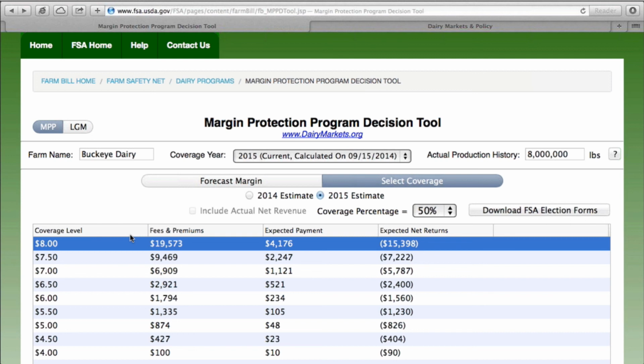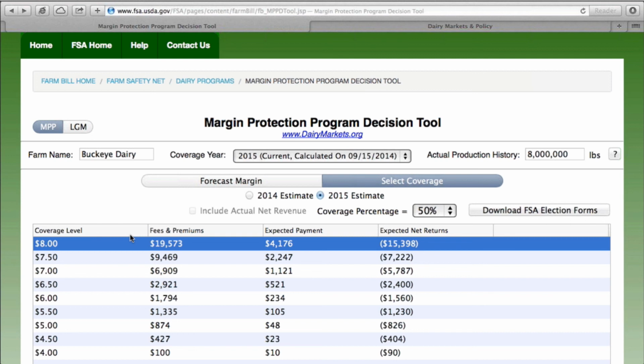So for example, at these current margins, if you wanted to use LGM dairy through 2015, you certainly could. And then you could sign up for MPP in 2016 so long as your LGM dairy coverage ended by December of 2015. For farmers currently enrolled in LGM, USDA has a transition allowance to help you transition from LGM to MPP should you choose to do so.